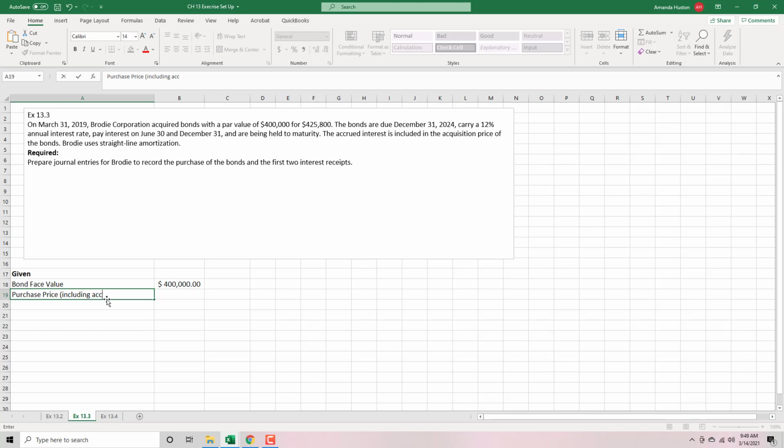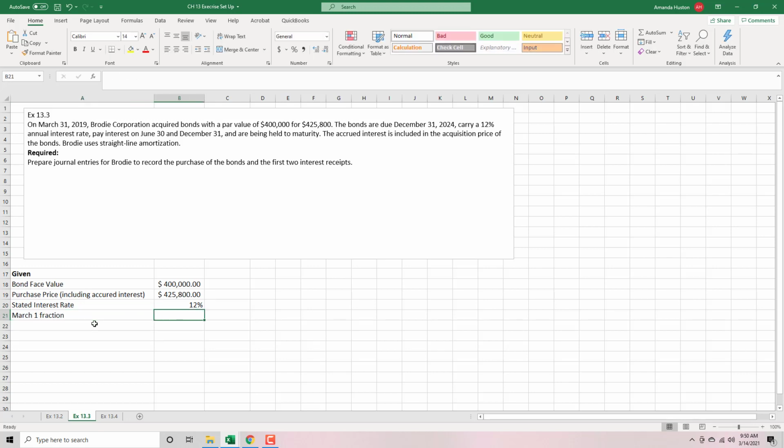Then we have stated interest rate, 12%. We are going to calculate March 1 fraction. So how much of the year has March 1 happened? That's 3 divided by 12. And then bond premium. How much did we pay? Including the accrued interest.